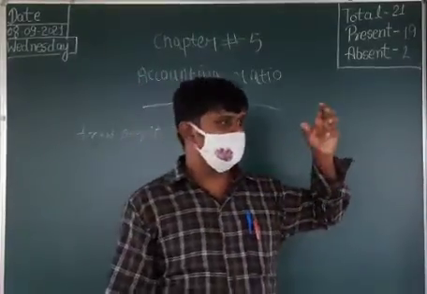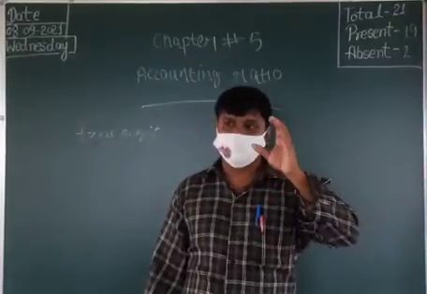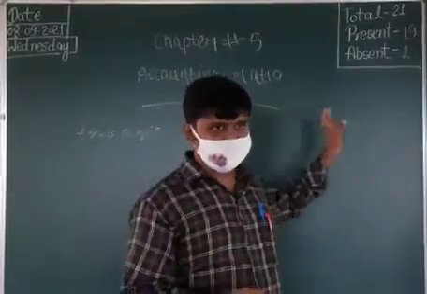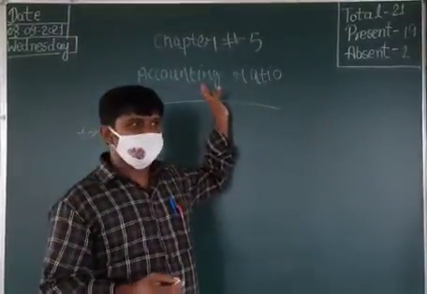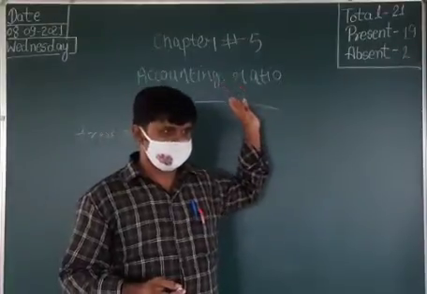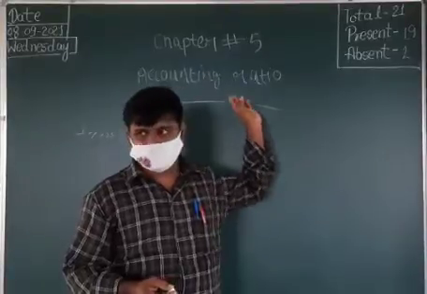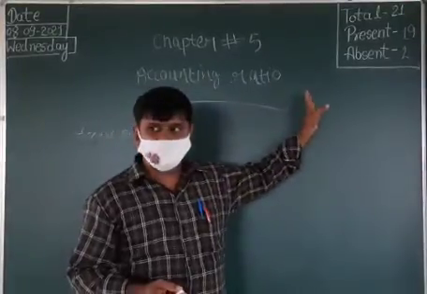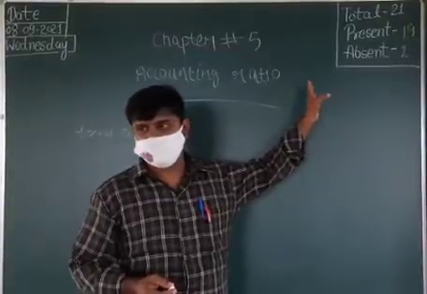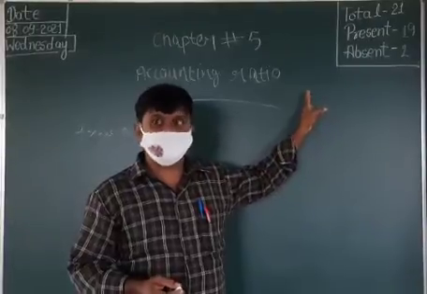So in the trading and profit and loss account, in the trading account, what items come? You know there are two sides. On the debit side we write expenses and purchases, opening stock, all the direct expenses, and on the other side we write the closing stock and all the direct income.